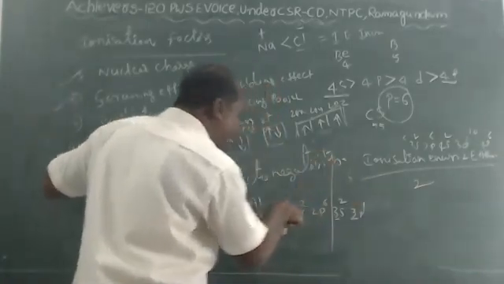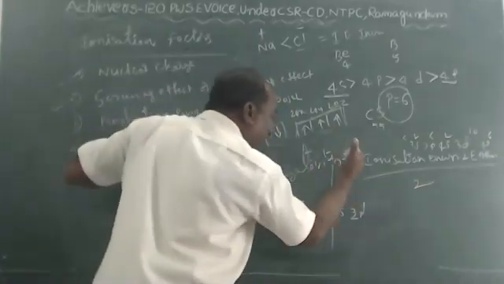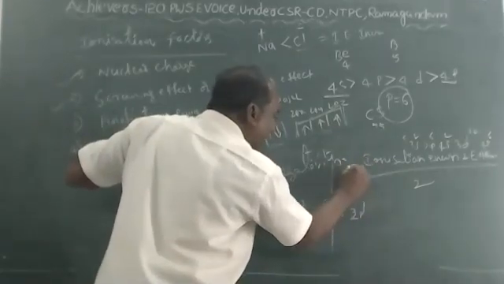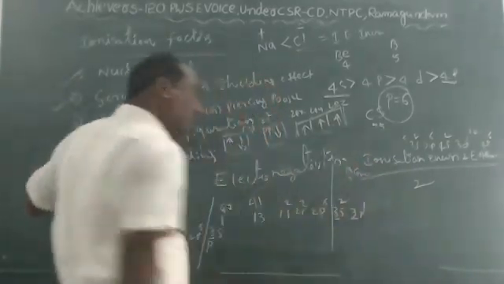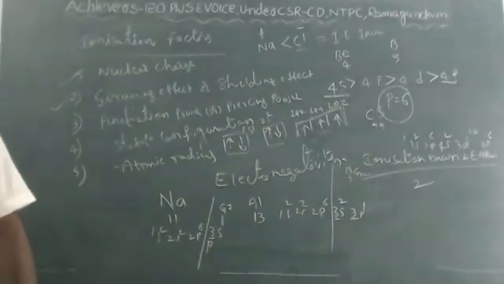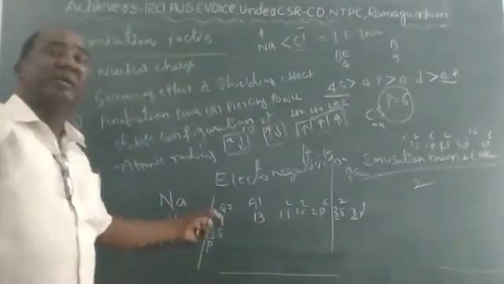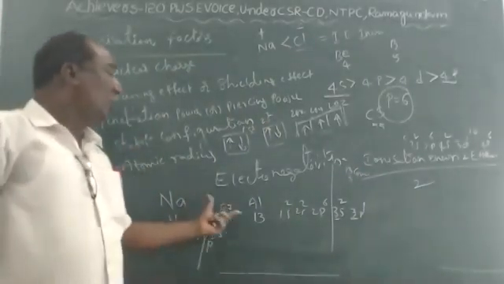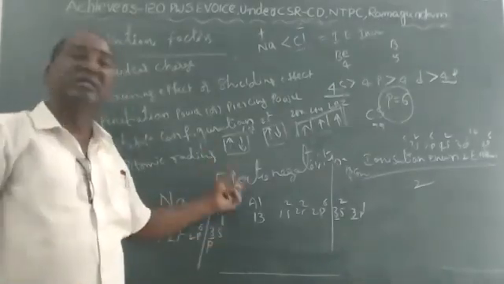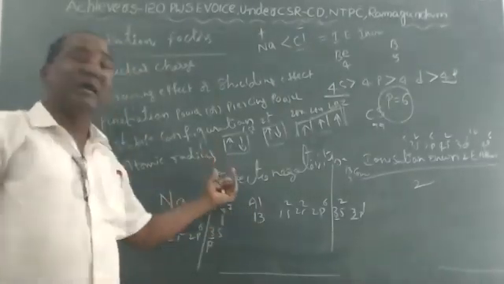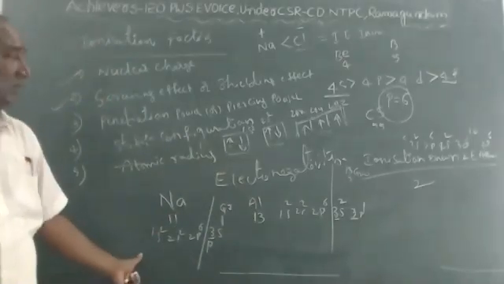That's why it belongs to the third B group or 13th group. So this is the way to find the period and group of the elements. Very, very most important process, because sometimes they will ask this question for 2 marks.